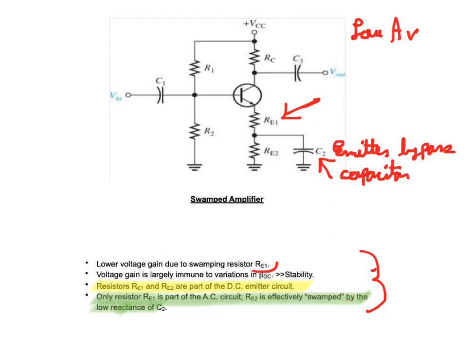The capacitor, as you recall, looks like an open as far as the DC is concerned, so the DC sees RE1 and RE2 in series together. But for the AC, the low reactance of C2 effectively bypasses RE2, but it still sees RE1. So make sure you go over this. Those are a few of the important critical points.